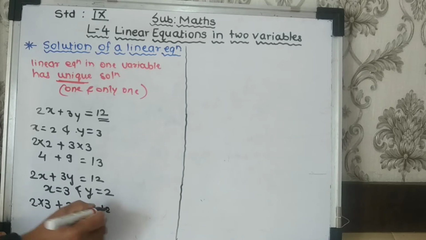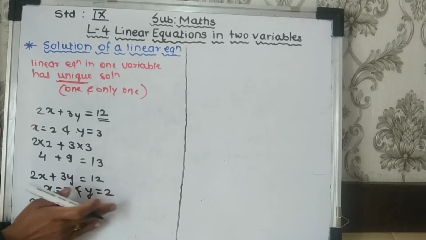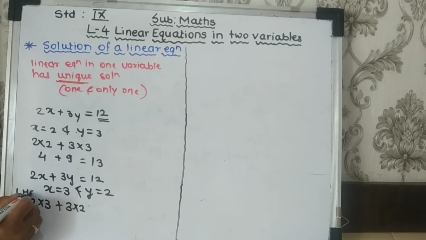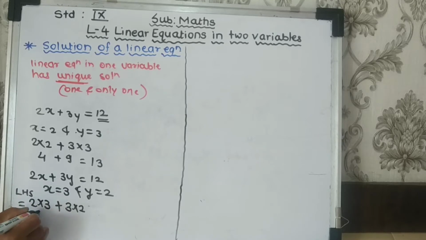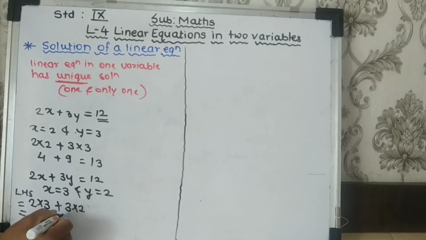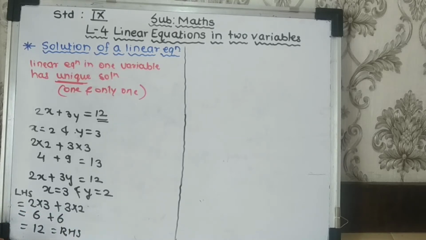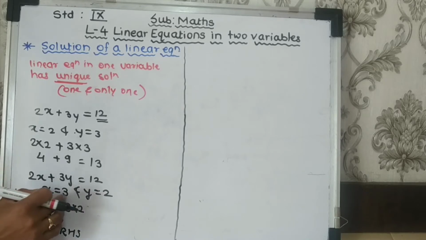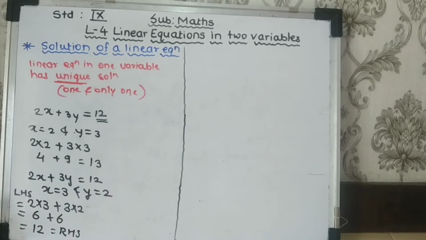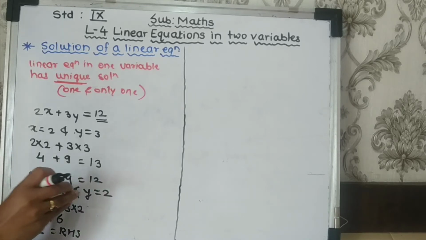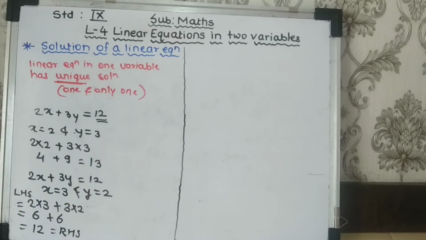Only the LHS we will solve. 2 3s are 6 and 3 2s are 6. So 6 plus 6 is 12, which equals the RHS. This means that 3 and 2 satisfy the given equation, or are the solution of the equation.